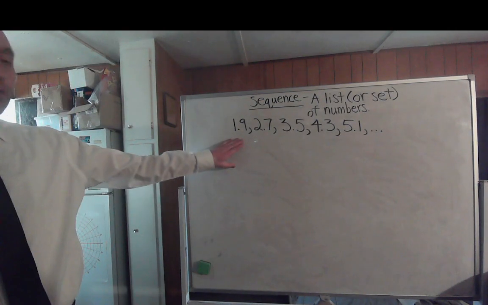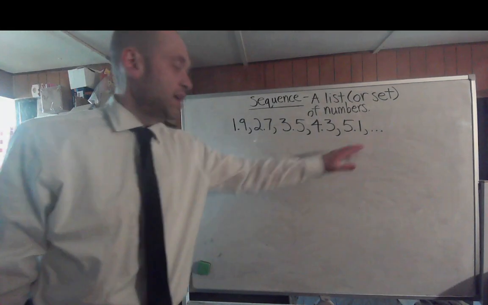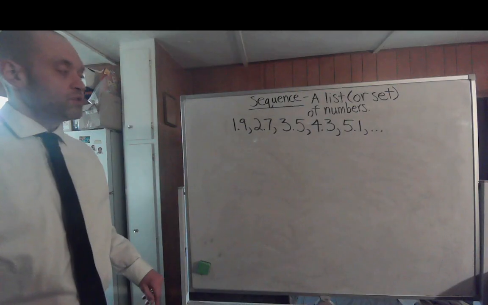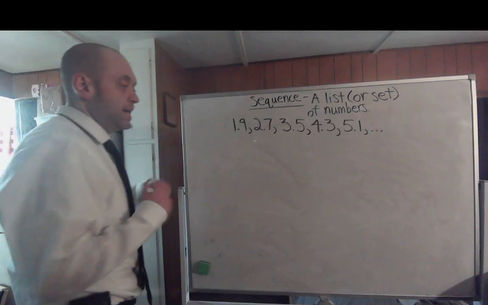So we have 1.9, 2.7, 3.5, 4.3, 5.1. Notice that between each number it keeps going up by 0.8.